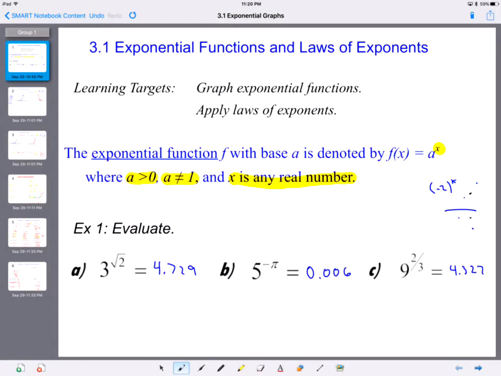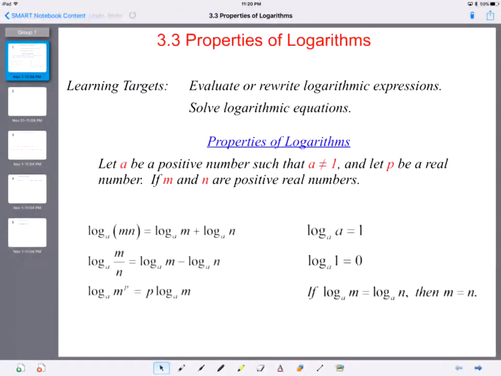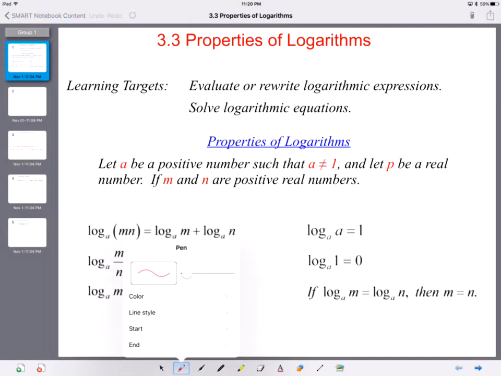So now to jump back to what we just talked about, remember logarithms are inverses of exponential functions. So when we look at this property of logarithms, let's think back to what we were just saying. Well, let's do this on the next slide.